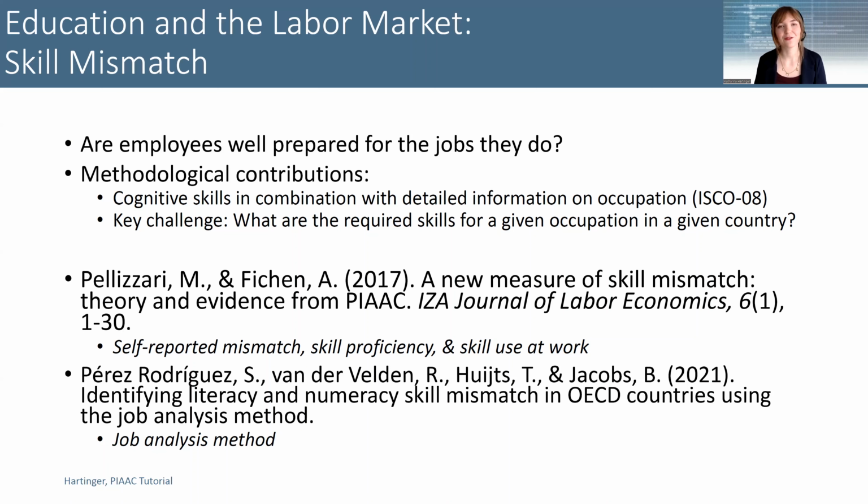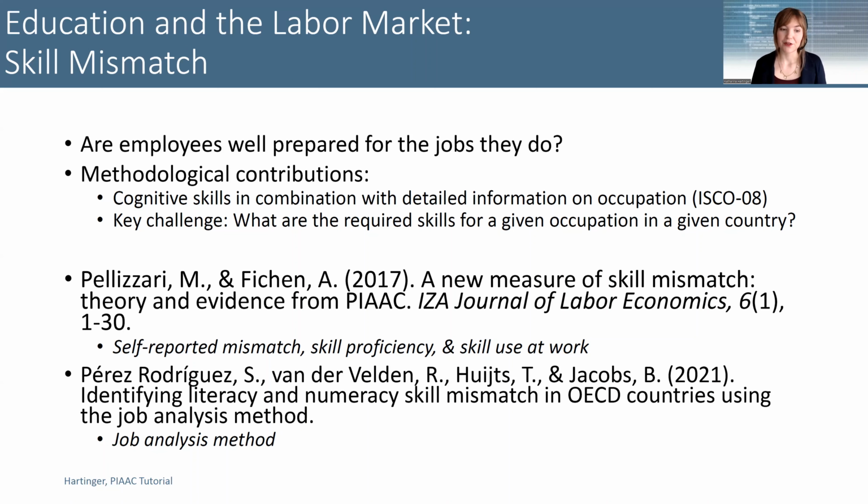PIAAC has information on whether employees feel well prepared for the job that they do, skill proficiency, and skill use at work. It is important not to underestimate that PIAAC has a lot of information on what people do on their job and on a day-to-day basis. How much time do they spend learning or training or interacting with others and using a computer, etc. So all of that is used in this first skill mismatch approach.